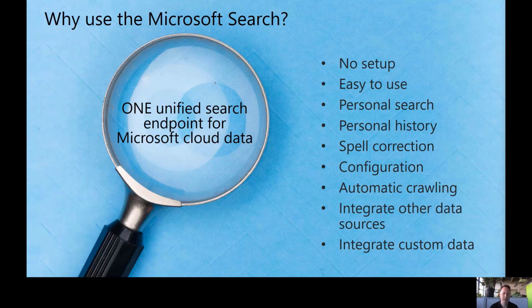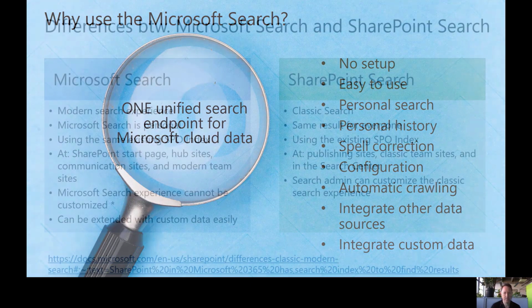When you type something in the search box, you can have a list of what you have searched for in the past. Microsoft Search also takes care of automatic crawling. You don't have to do anything for the index to be updated. You can integrate data from other sources, other systems, and you can integrate your custom data. For example, if you want to add your products from your company to Microsoft Search to make it very easy for the user to discover that.